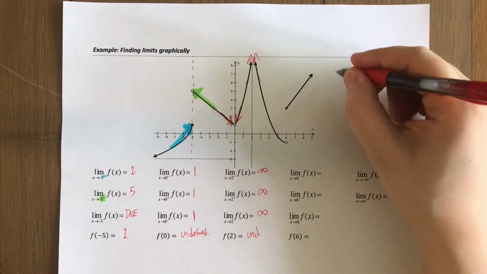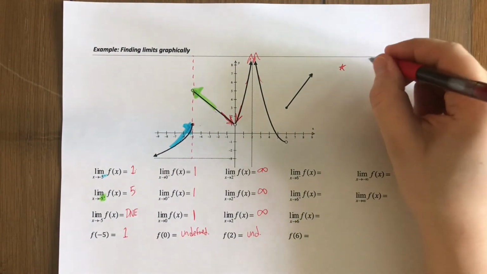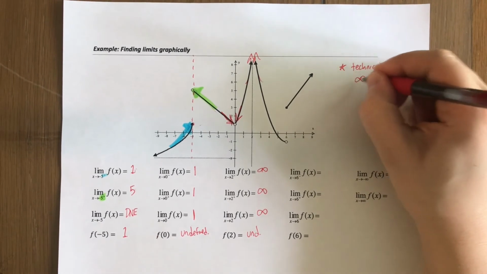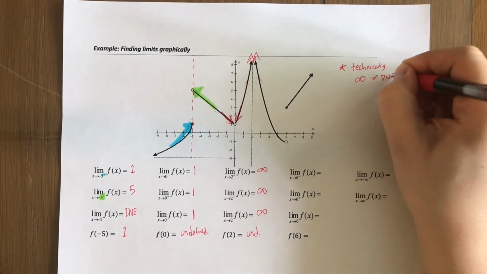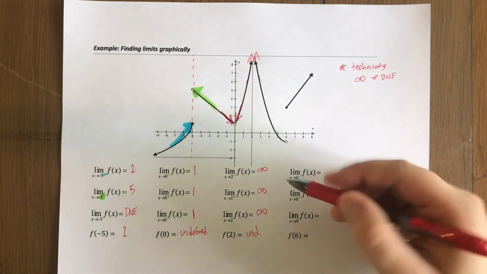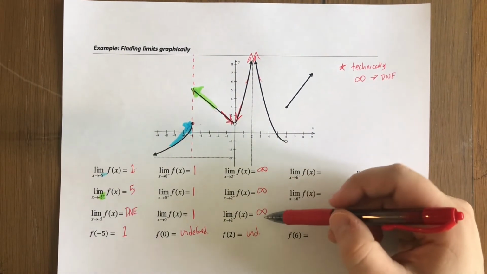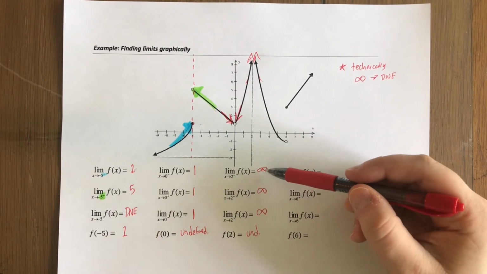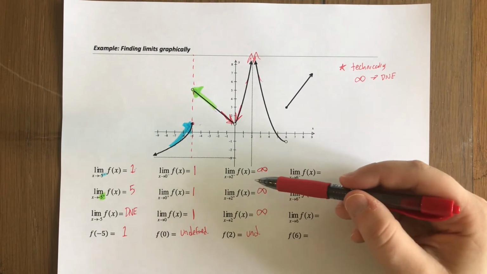Now there is this kind of tiny little note that we need to maybe mention over here, which is that technically infinity is actually a does not exist because we can't actually reach infinity. It's not a number that's reachable. So technically when we write infinity over here, they are actually does not exist because we can't reach a height of infinity, and limits are intended heights.